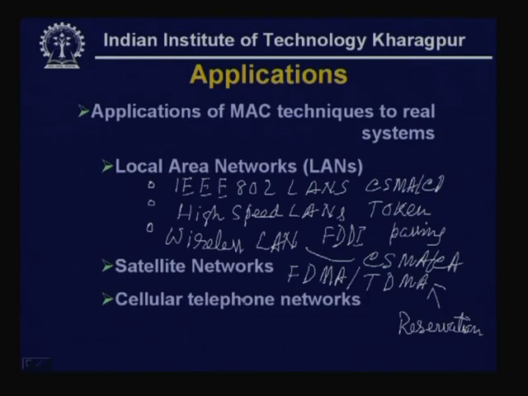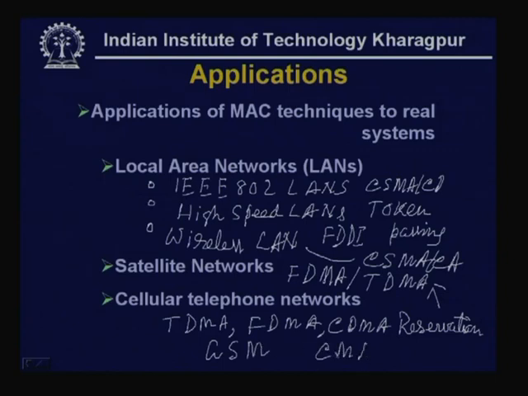And finally, we shall consider another lecture on the cellular telephone network, where time division multiplexing, frequency division multiplexing and code division multiplexing are used, as we shall see in different standards like GSM and CDMA, where this channelization approach of medium access control technique is used.